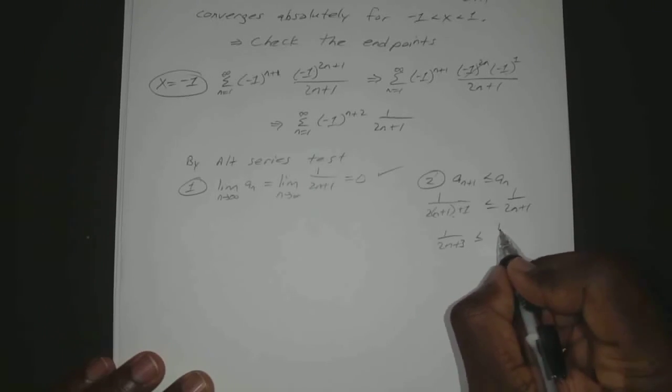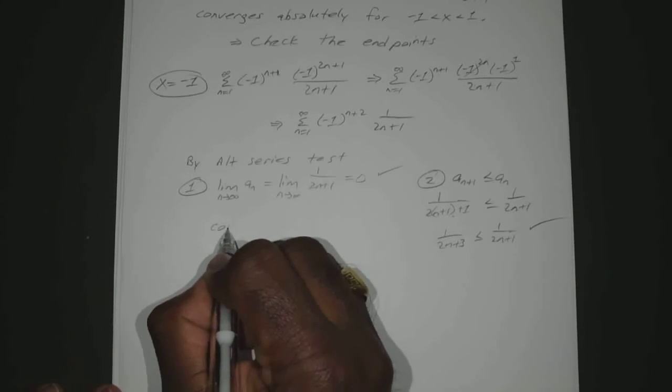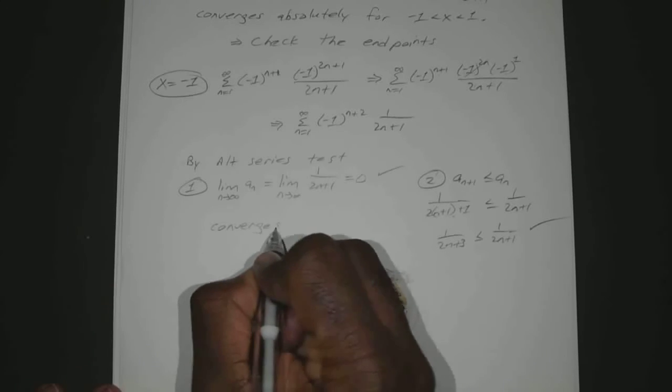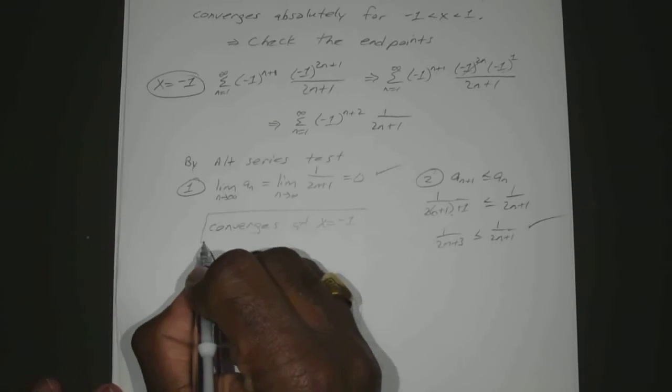It's less than or equal to 1 over 2n+1, which is true. Okay. So both conditions are met, which means it converges at x equals negative 1. So we know for negative 1, our bracket is closed.